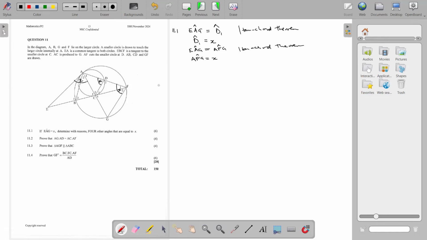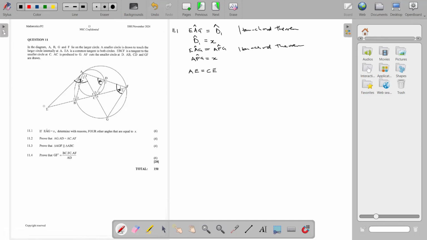Then, if we check, we can conclude that AE is equal to CE. Here we are told AE is a tangent.